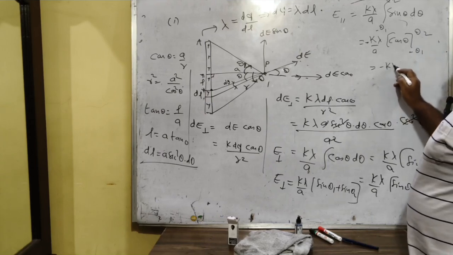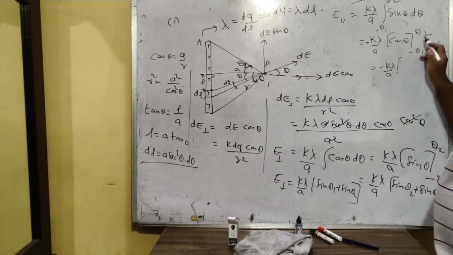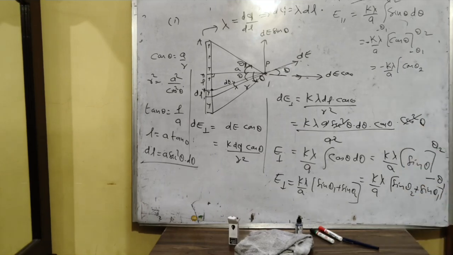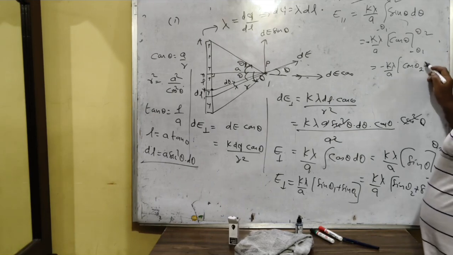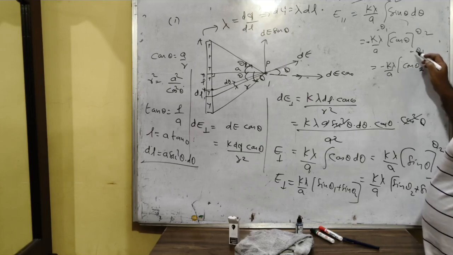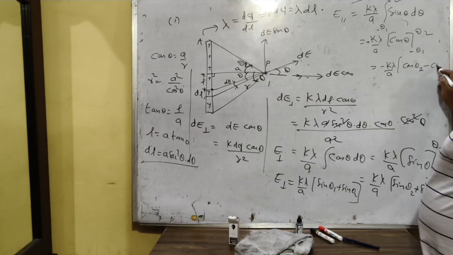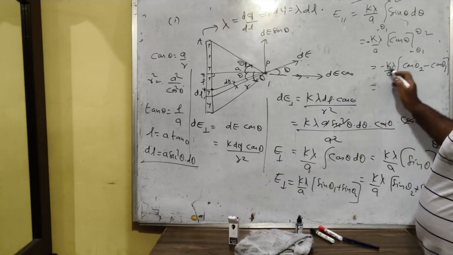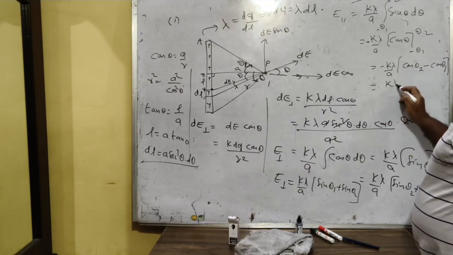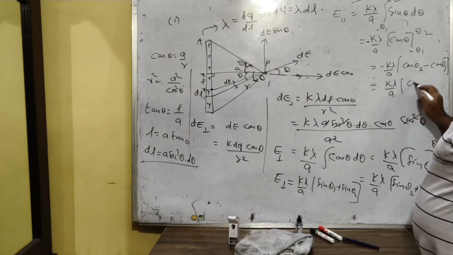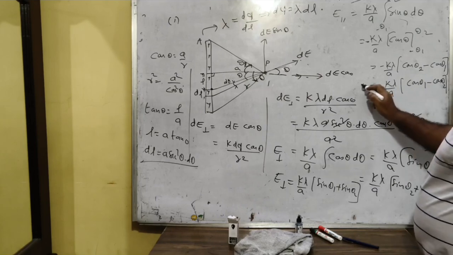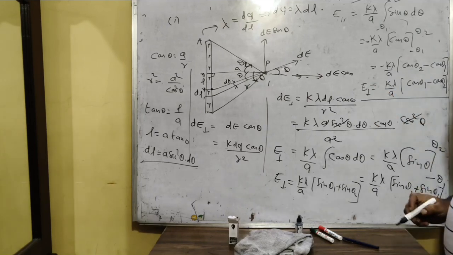Therefore minus k lambda by a, cos of theta 2 minus, why? Because here cos of minus theta 1 is plus cos theta 1. That's why we can write cos theta 2 minus cos theta 1. To eliminate this minus, when it goes inside, the remaining is k lambda by a, cos theta 1 minus cos theta 2. This is the E perpendicular component.